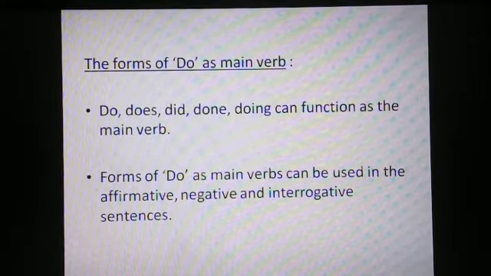Right? When we are using them as the main verb, all the forms of do can be used in affirmative sentences, in negative sentences, and in question sentences. Let us see some examples.